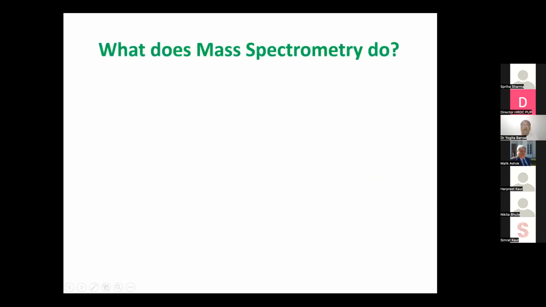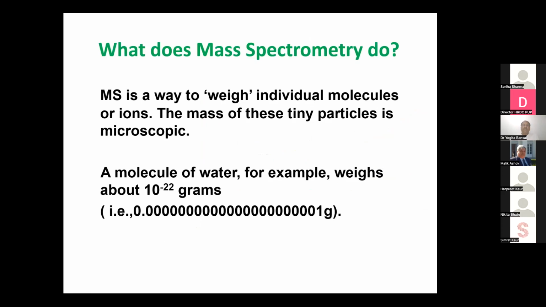Now, what does a mass spectrometer do? Mass spectrometry is a way to weigh the individual molecules or ions. So it weighs the mass of the individual molecules or ions, and the mass of these tiny particles is microscopic. They are very, very small.